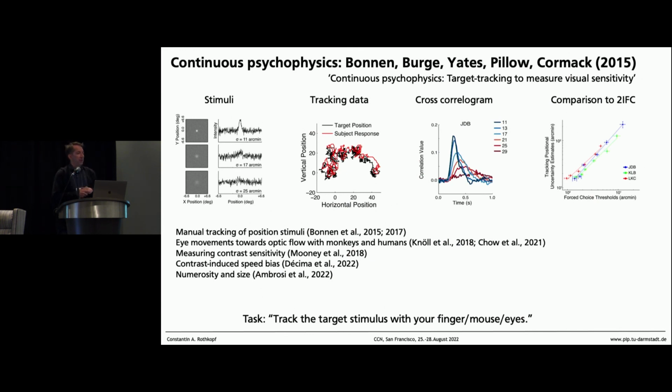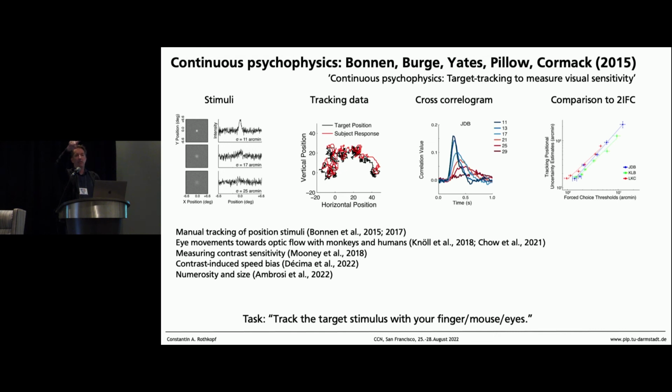All right, finally, I made it to continuous psychophysics. So what's continuous psychophysics? I visited UT Austin, and Larry Cormack said, oh, Constantin, come to my lab. I'll show you something. I think that's something for you. You do this perception action stuff. We came up with this new experimental paradigm where instead of doing 2AFC tasks, we also have these stimuli like blobs immersed in some noise pattern, but instead of people doing hours and hours of 2AFC, they sit in front of a monitor and we track their finger.